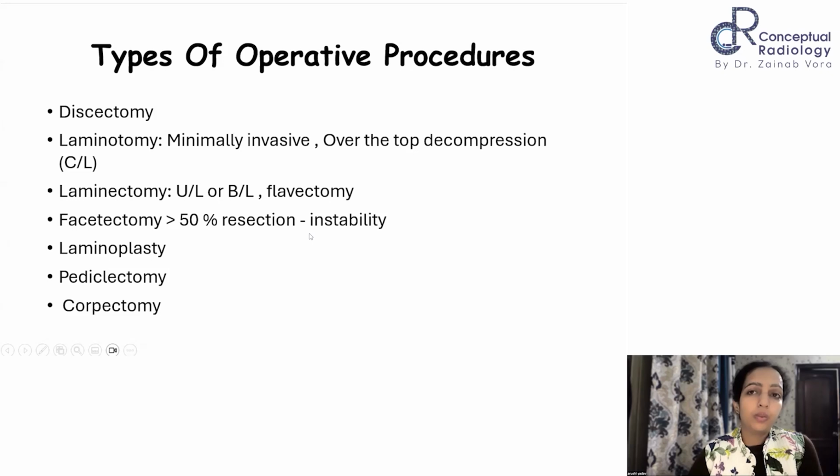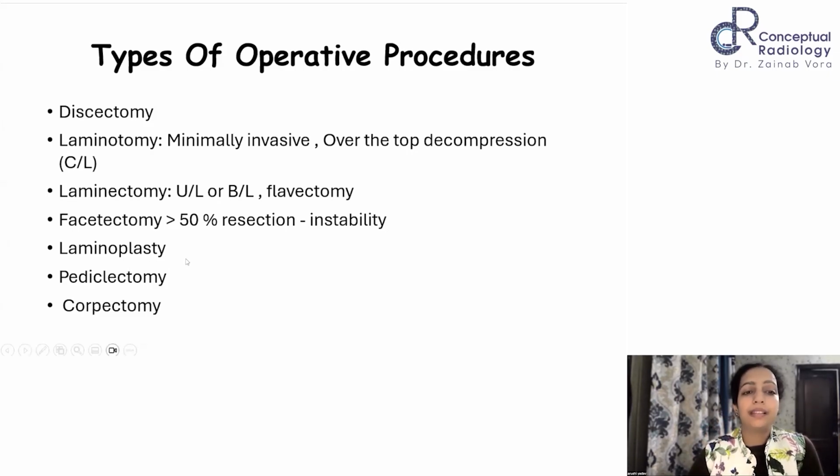So what they try to do is remove the facet when it has significant facetal joint arthropathy, with significant osteophytes causing significant foraminal compression, maybe lateral recess compression, maybe posterolateral compression. Then they start seeking removal of the facet, and they try not to remove more than 50% because it increases the chances of instability.